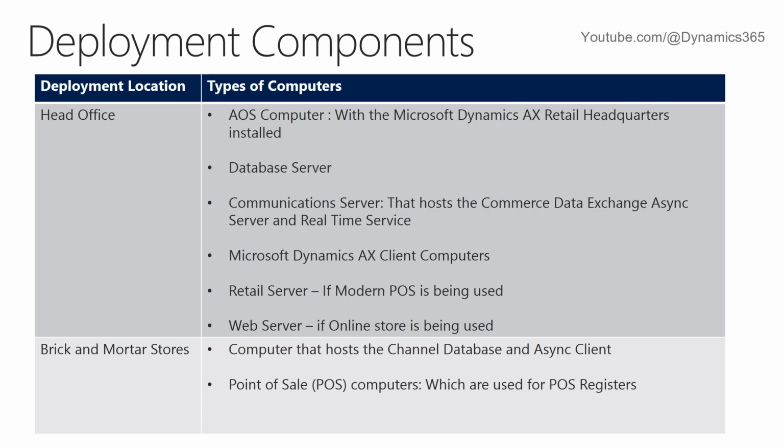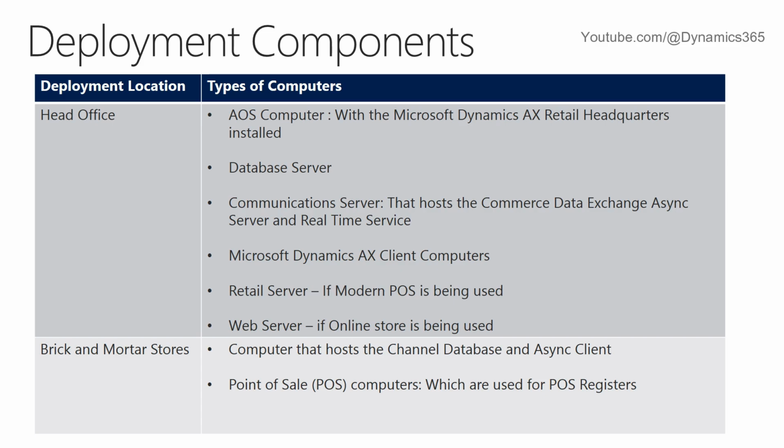The types of computers that are used in a typical Microsoft Dynamics AX 2012 retail deployment are shown in the table here. Deployment location, head office: AOS computer, with the retail headquarters component installed; database server.